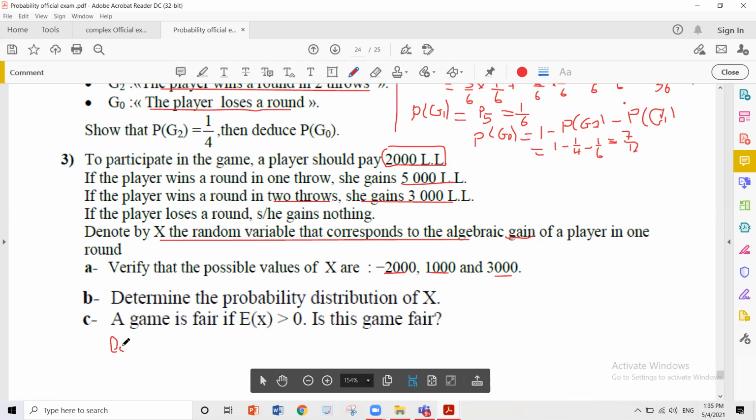So if he loses, X equals 0 minus 2,000, because he paid 2,000. He gains nothing, but he paid 2,000, so X equals minus 2,000.